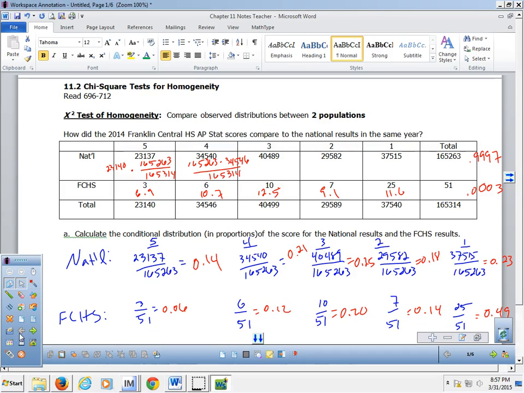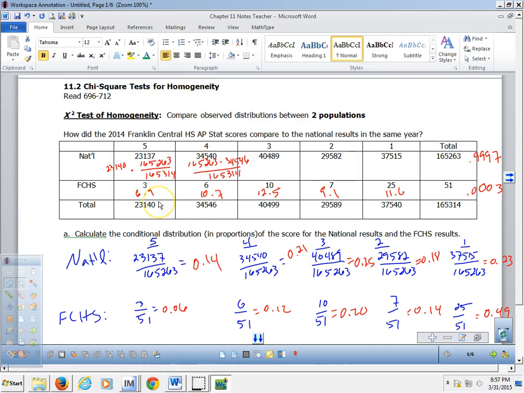So 23137, you hit enter and your calculator will shoot you to the right for the next cell. Then 34540, then 40489, then 29582, then 37515.